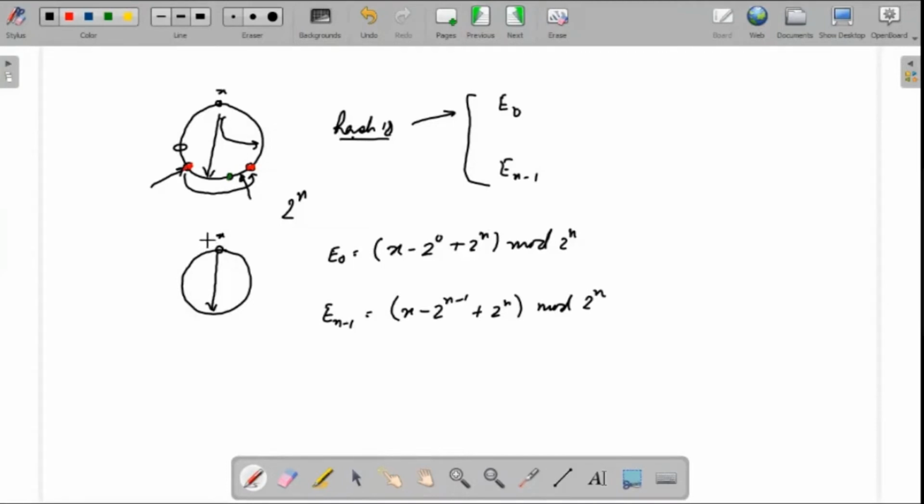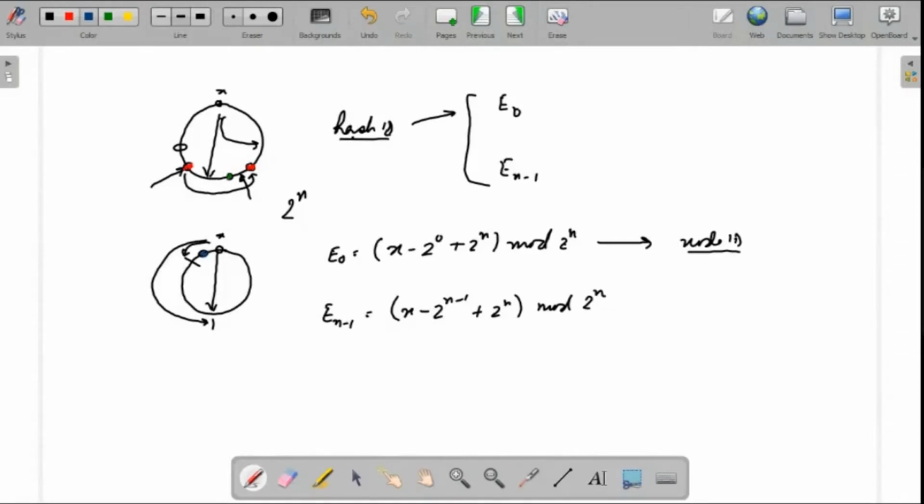So I am actually going halfway across here. Actually now going 1 if it is 2 raised power 0, the first case. So whichever is the next node to this. So from this point E0, whichever node is closest, from this point to this node ID, the distance should be minimum.